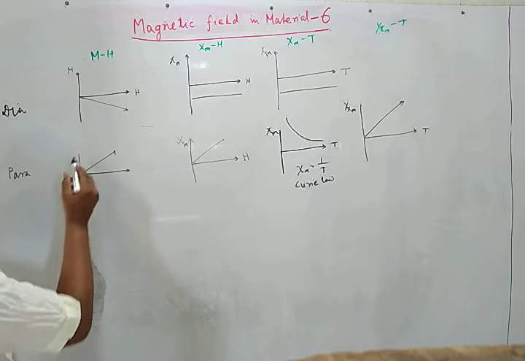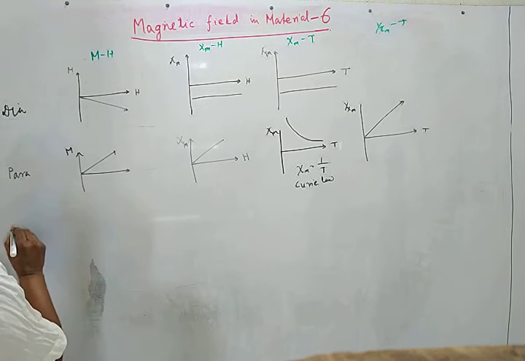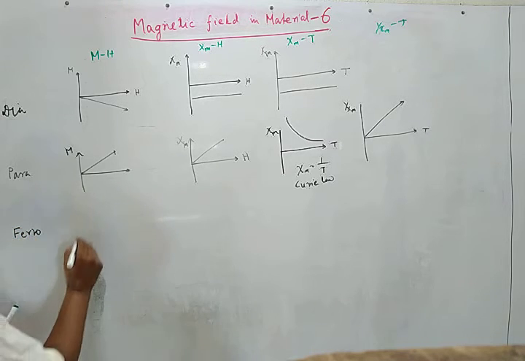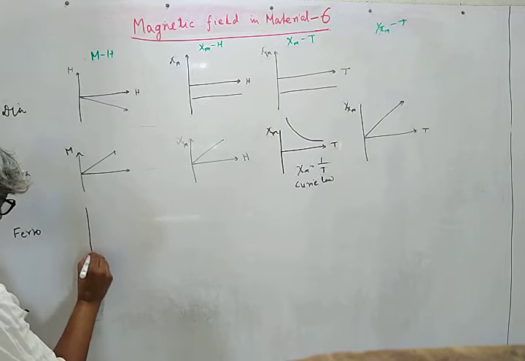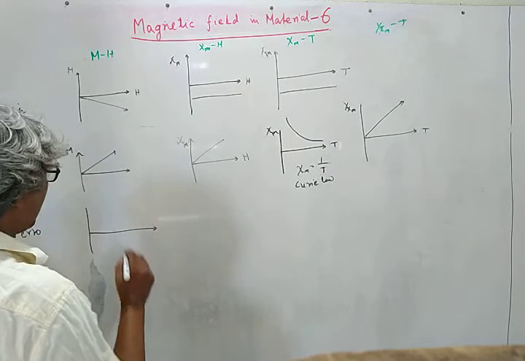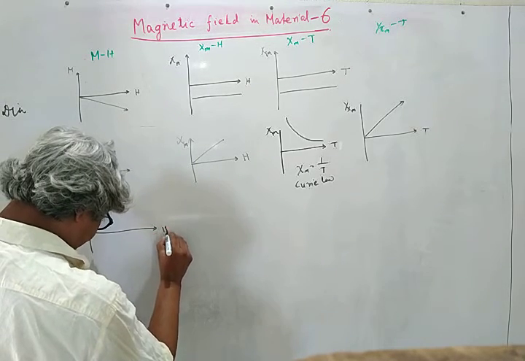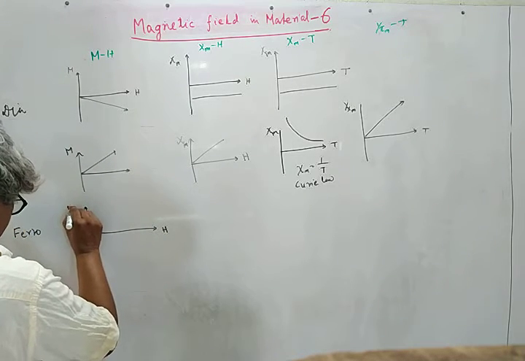And now I finally come to the ferromagnetic materials. For ferromagnetic material, it is found that the substance is magnetized even in the absence of field. So this is the H, and this is magnetization.